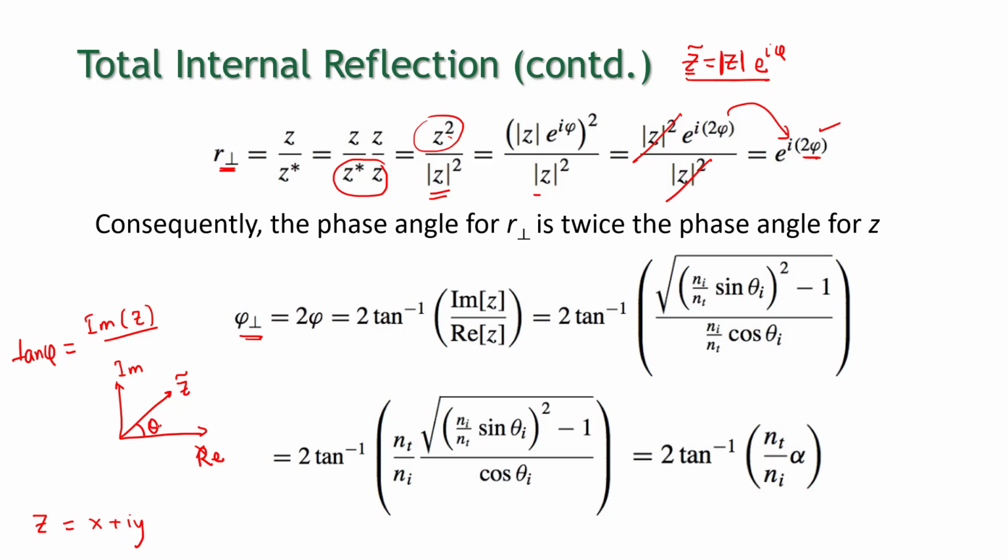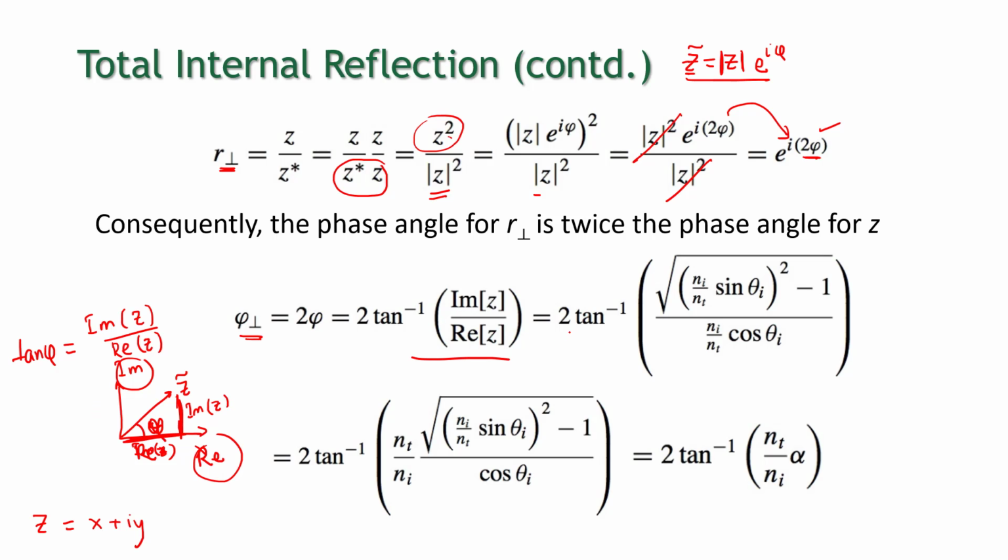This angle is given by tan inverse: phi is equal to the imaginary part of z over the real part of z. So that's what we have here.